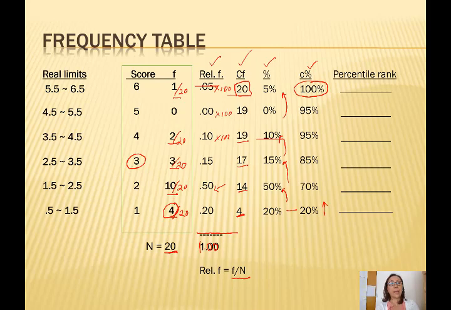So I would be pretty happy with the score 3. But because the scores are generally low, your percentile rank is going to be pretty nice, maybe above 50th, right? Because there are 14 people who scored below you.